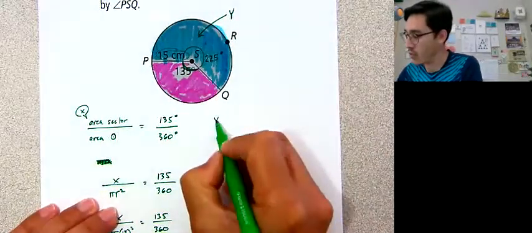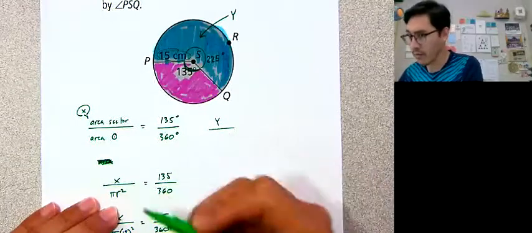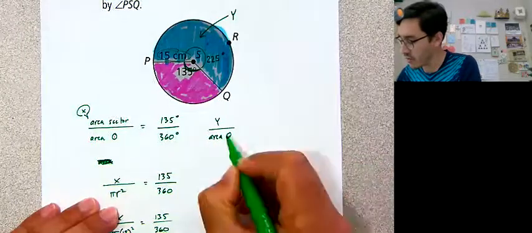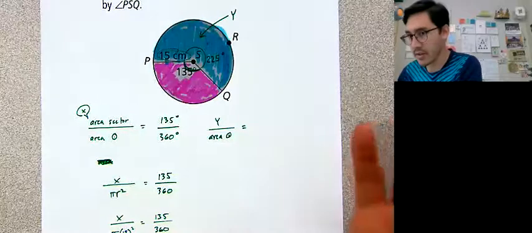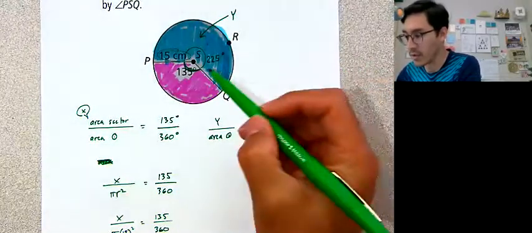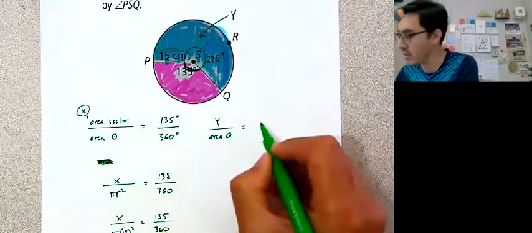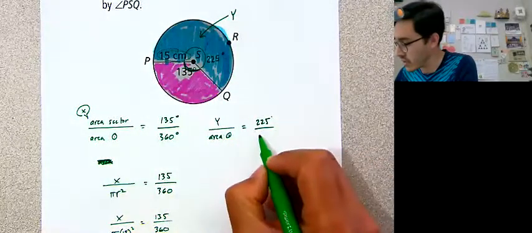Okay. So y is the area of the blue sector, and that is a portion of the area of the whole circle. But that ratio is equal to the ratio of the angles. And so the central angle of that blue sector is 225 degrees, and the central angle for the whole circle would be 360 degrees.